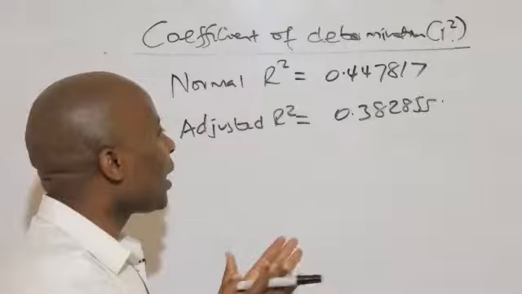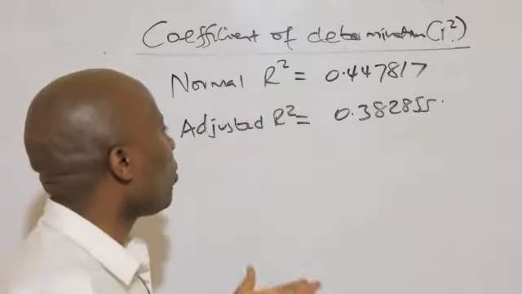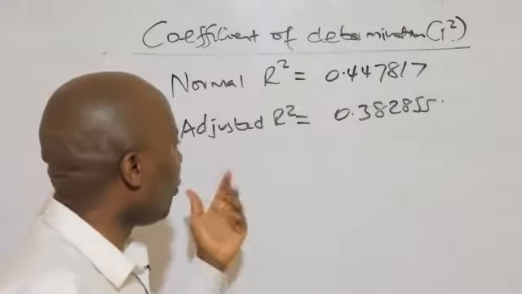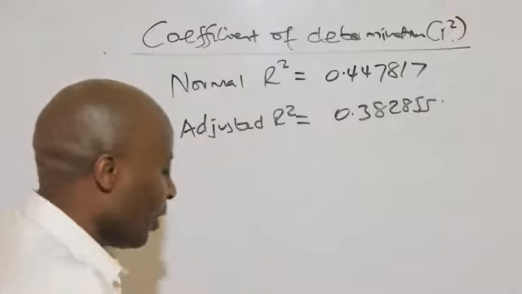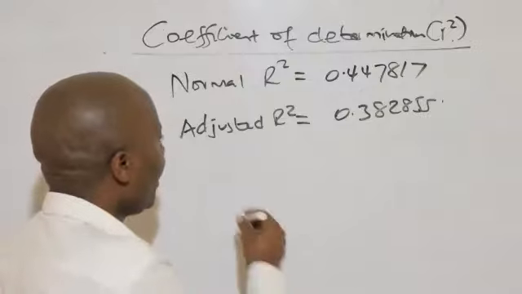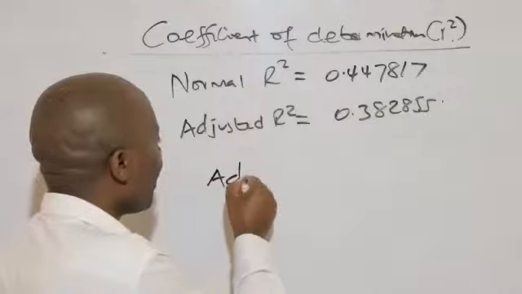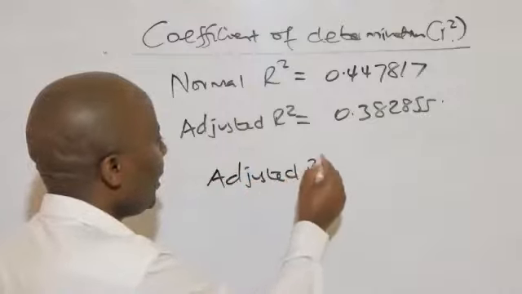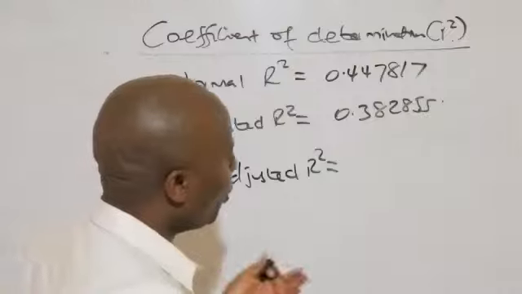Now, luckily, you are not required to even memorize the formula for getting adjusted R squared. However, just out of curiosity, if I wanted to get this adjusted R squared, what should I do?